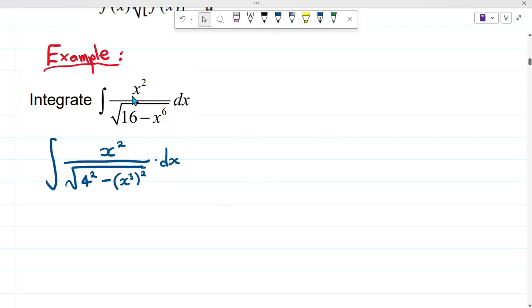Remember, on our numerator we must make sure that we always have the derivative of whatever is here. So when we differentiate x cubed, what do we get? We get 3x squared, right? So when we check our numerator, we only have x squared.